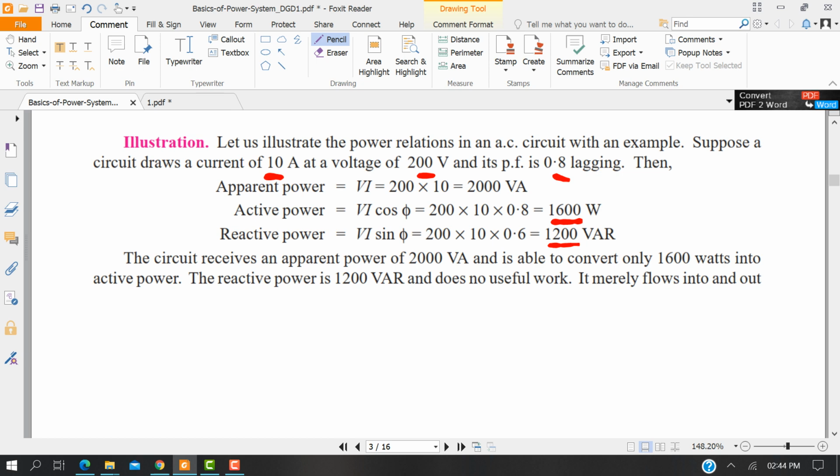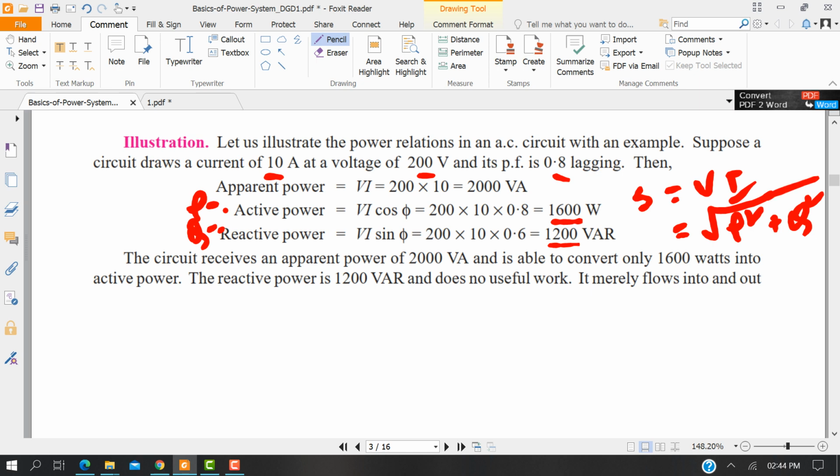What is the apparent power? Apparent power is equal to VI, or if we have P and Q, then according to the above formula we can write the square root of P squared plus Q squared, and we get the same result. Here the unit is volt ampere.